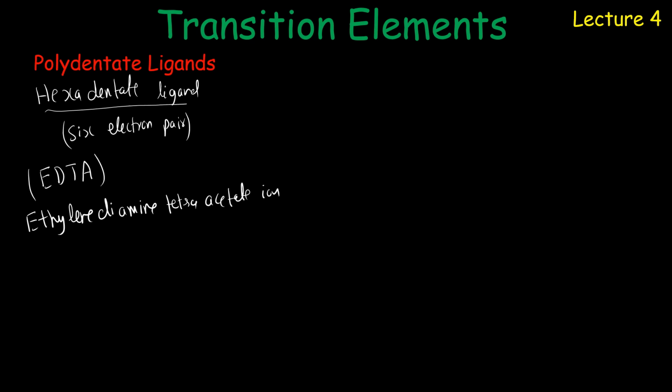First you need ethylene diamine. The ethylene formula you have also written before, that is CH2 single bond CH2, it is your ethylene. Diamine means it contains 2 nitrogens, one here, and tetraacetate means you have to attach 4 acetate groups from acetic acid, like CH2COO negative charge.